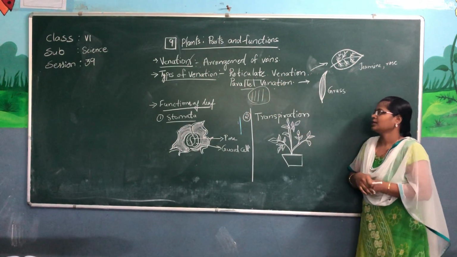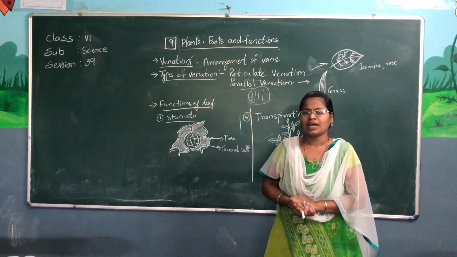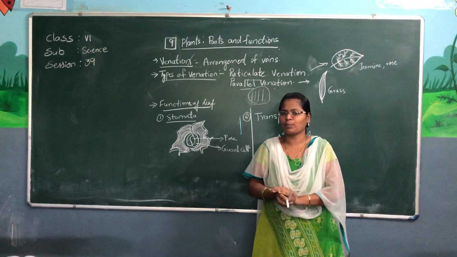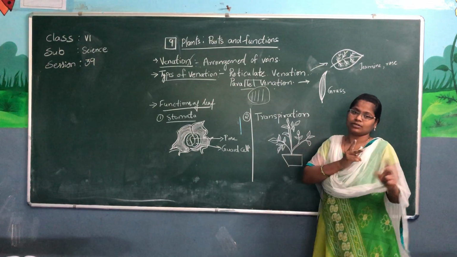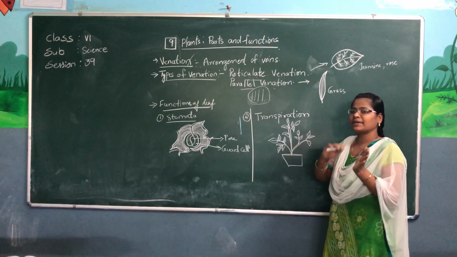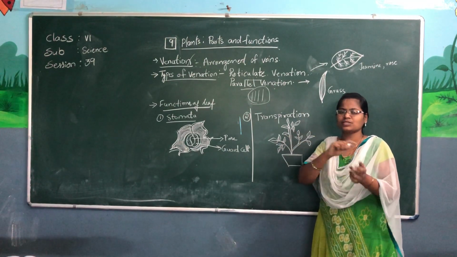Now the functions of leaves. Why do we have to study the leaf and its parts, veins and venation? One more point: we have two types of root systems, taproot and fibrous root. When you compare venation and root types, there is one similarity.